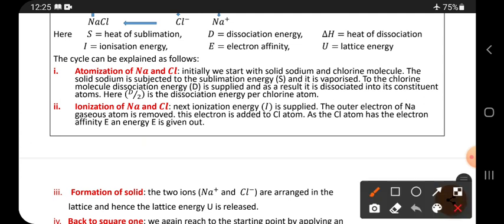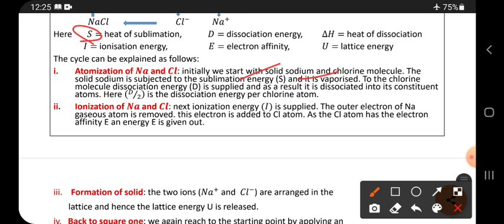Directly, without converting into liquid state, it has to convert from solid to gaseous state. The energy that can change the state like this is called heat of sublimation. So it is vaporized into the gaseous state.